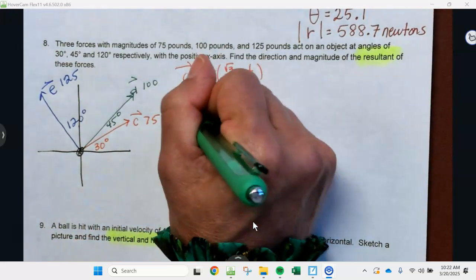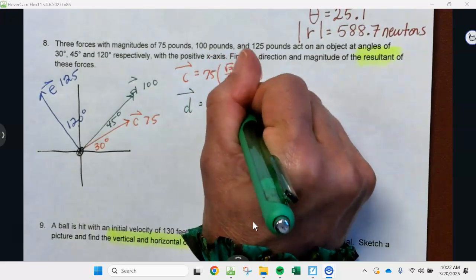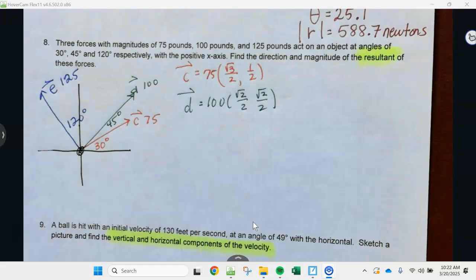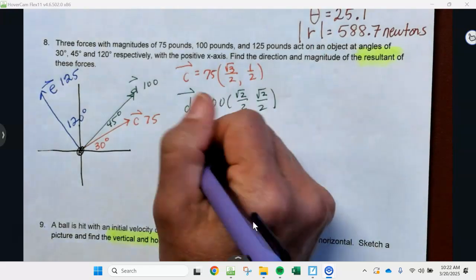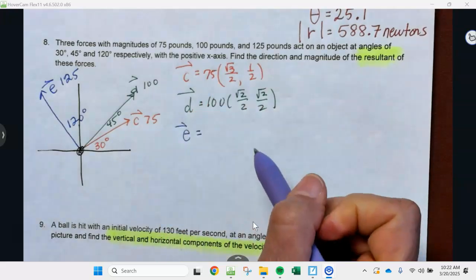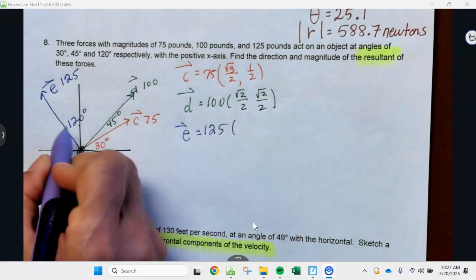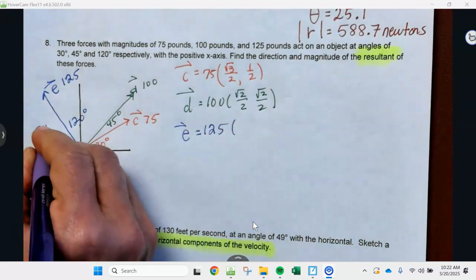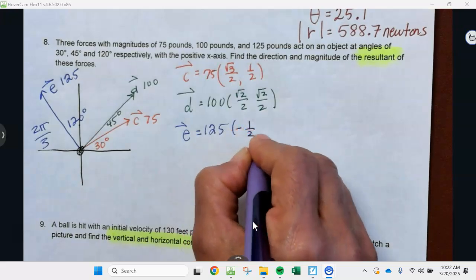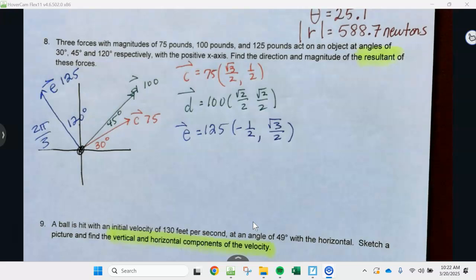For vector D, it's going to be 100 times root 2 over 2 for both the x and y coordinates. And vector E, y'all don't forget, your x coordinate's negative. So it's going to be 125. We're at 120 degrees. Remember, that's 2 pi over 3. So negative 1/2 is the first coordinate. The next coordinate is root 3 over 2.